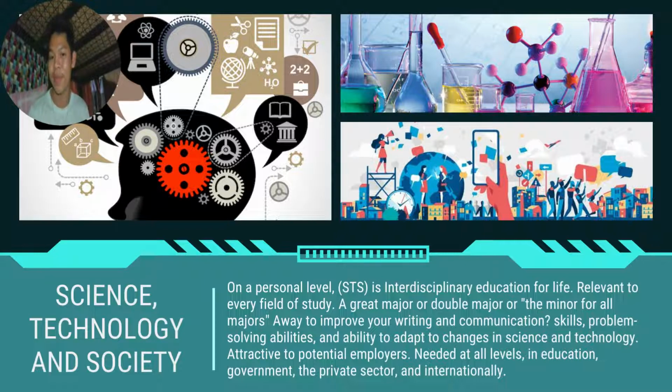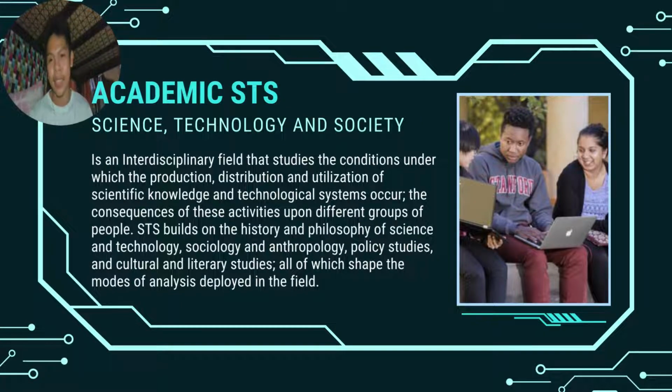and technology. The next one is academic STS, or science, technology, and society. It's an interdisciplinary field that studies the conditions under which the production, distribution, and utilization of scientific knowledge and technological systems occur, and the consequences of these activities upon different groups of people.